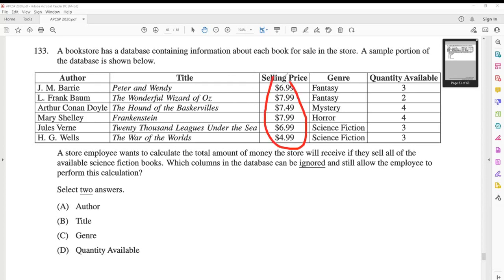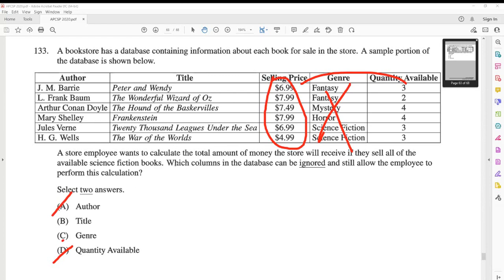So you need to sum these up: this one times the available copies, and then sum them up. Basically, which column in the database can be ignored and still allow the calculation? Quantity available cannot be ignored.